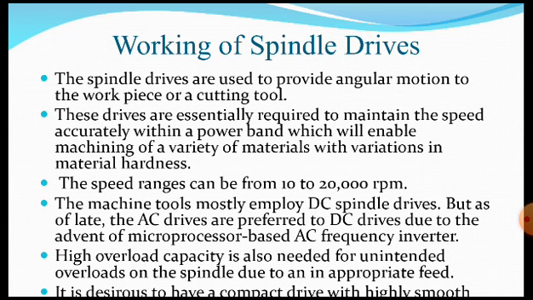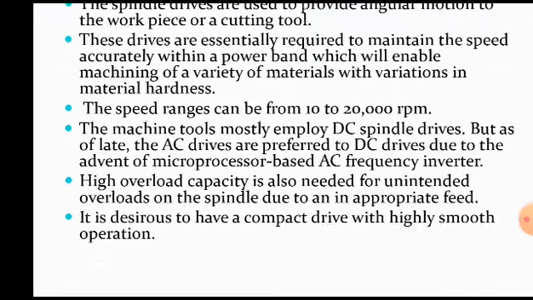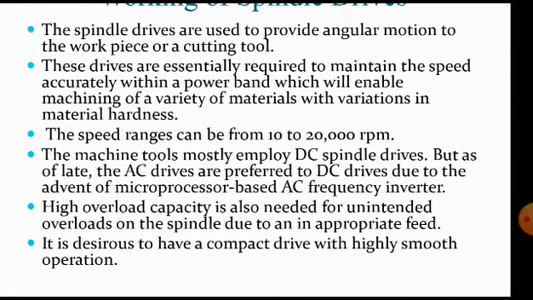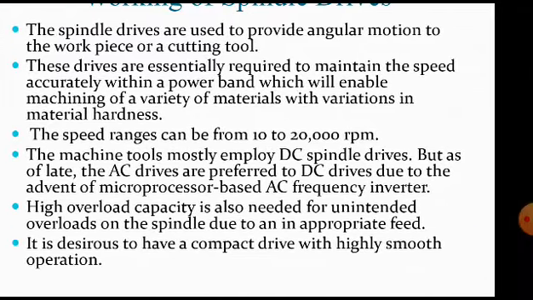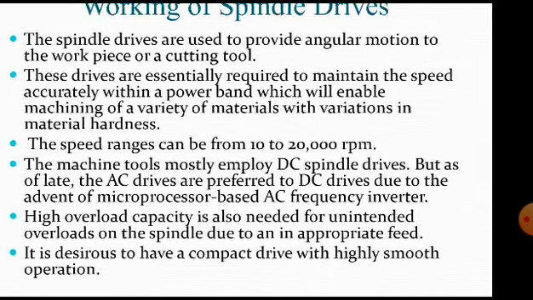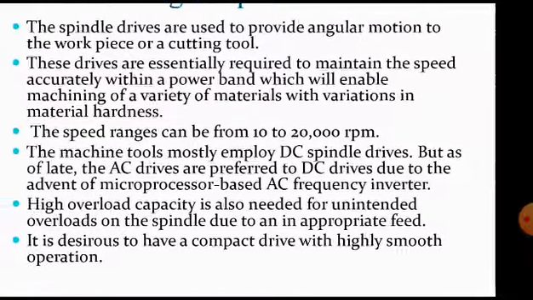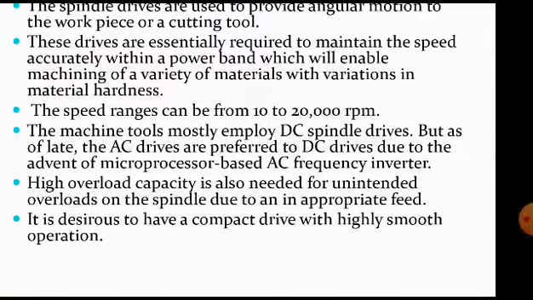The minimum range can start from 10 rpm, so much slower, and go up to the highest speed. This requirement is not achievable if we adopt regular or continuously rotating motors, like the induction motors we studied. Machine tools mostly employ DC spindle drives. In machine tools, because of certain advantages, there is more adoption of DC motors, but as of late AC drives are preferred to DC drives due to the advent of the microprocessor-based AC frequency inverter.